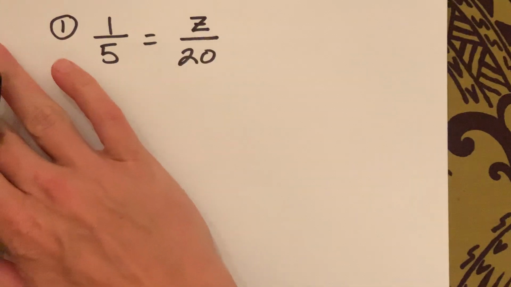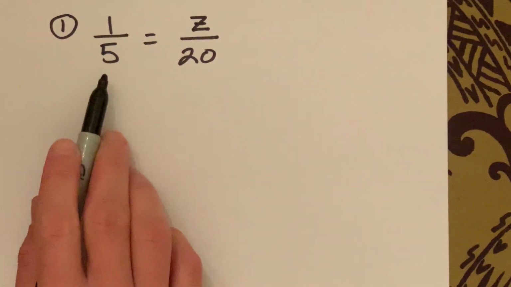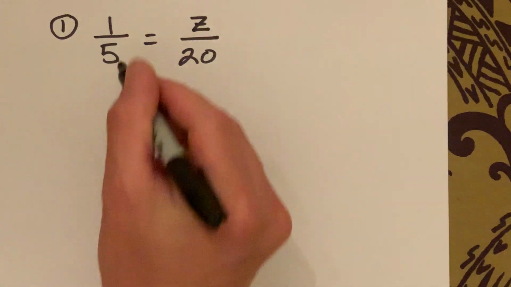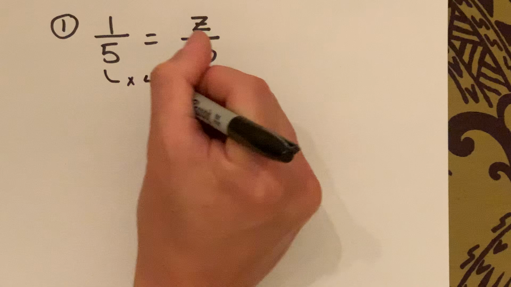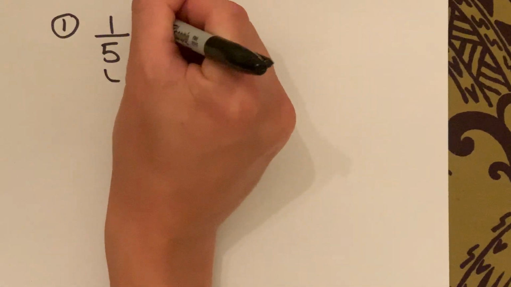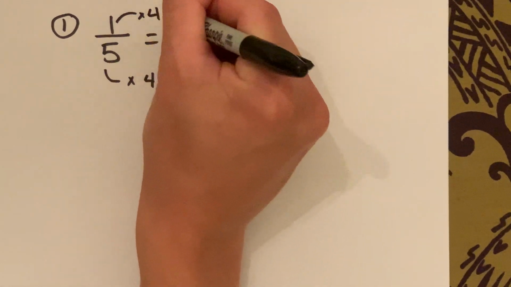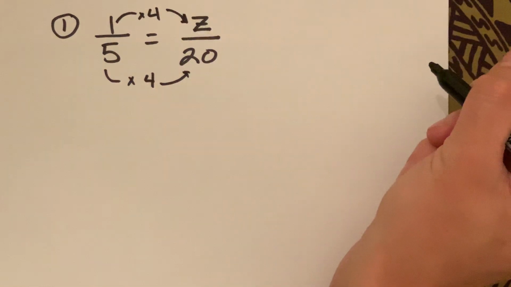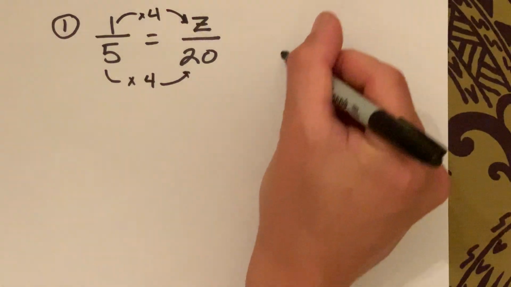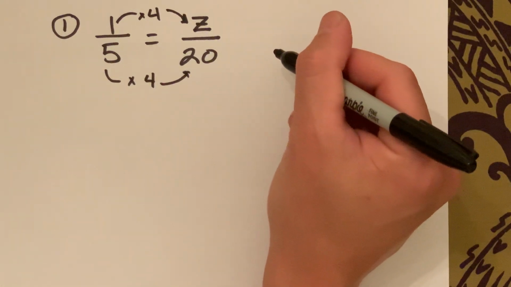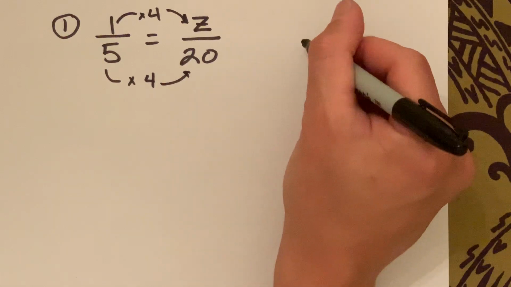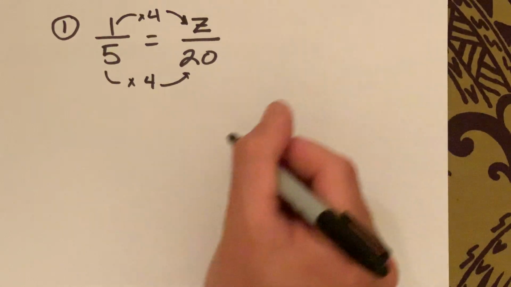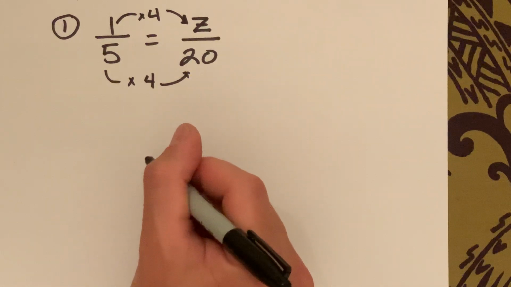Let me show it again here. What number can I multiply 5 by to get 20? That number is 4. So if I multiply by 4 on one side, I multiply by 4 on the other side, and then I'm going to get 4. Z equals 4.